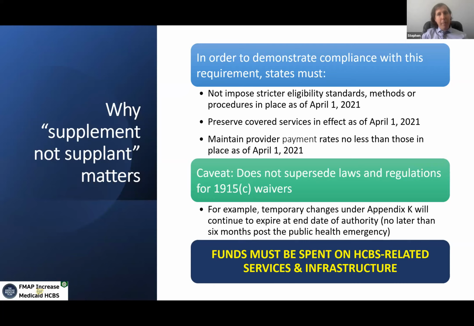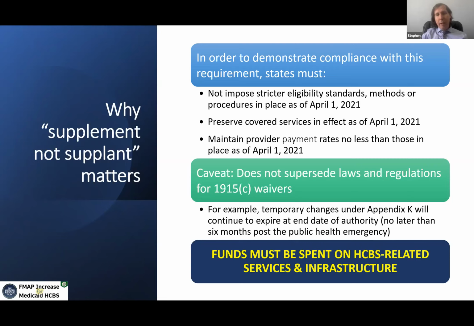It's been fairly commonplace during downturns for the federal government to provide more Medicaid funding to the states, more federal dollars. And oftentimes what states have done is taken those federal dollars and repurposed the state dollars to other programs to fill in shortfalls elsewhere.